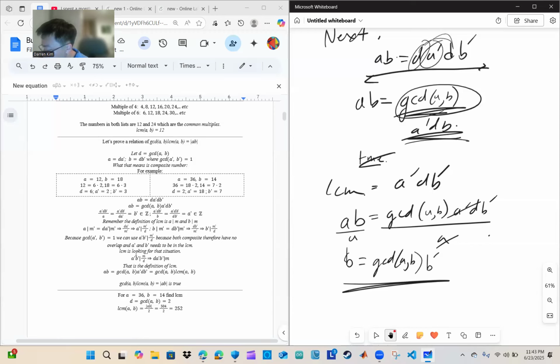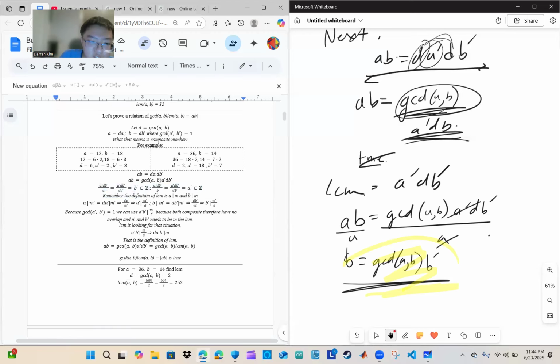This over here is what changes everything from this to this. We got the original equation basically. That's what I'm trying to say. It's a sanity check, kind of, because we said A equals d A prime and B equals d B prime, and that's basically what is happening over here.